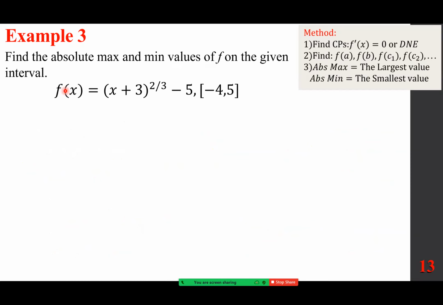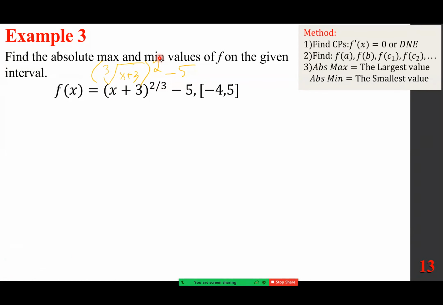Here's the function f of x equals the cube root of x plus 3, to the power of 2, minus 5, in the closed interval of -4 to 5. First and foremost, what type of function do we have and what is the domain? I want you to notice that this is a cube root essentially being raised to the power of 2, and then moving down by 5.